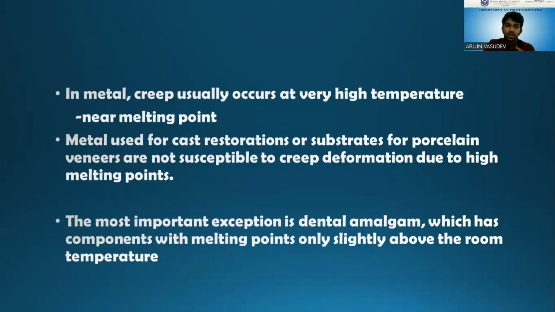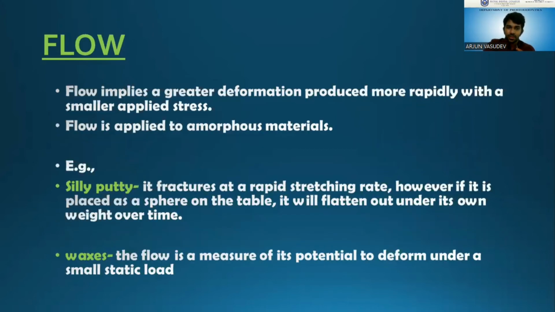In metal, creep usually occurs at very high temperature near the melting point. The metals used for cast restorations or substrates for porcelain veneers are not susceptible to creep deformation due to high melting points. The most important exception is dental amalgam, which has components with melting points only slightly above room temperature. That's why it's seen most in amalgam restorations.